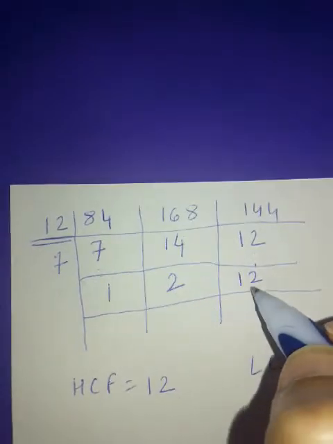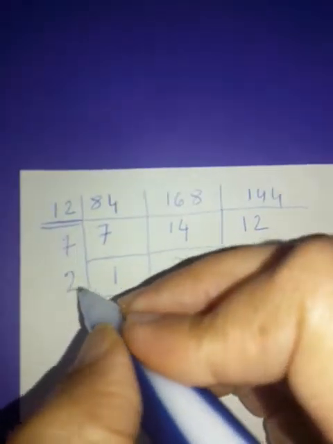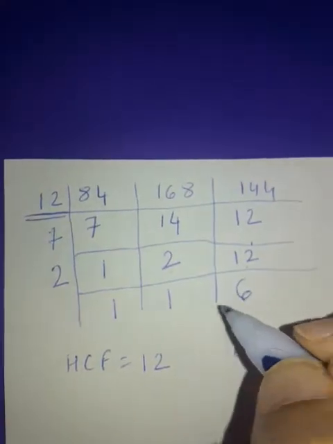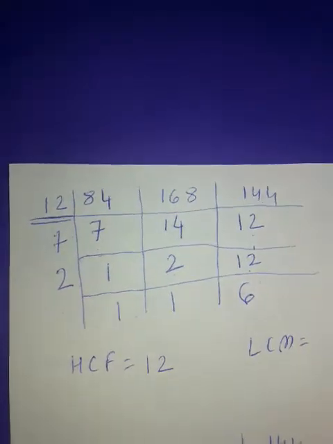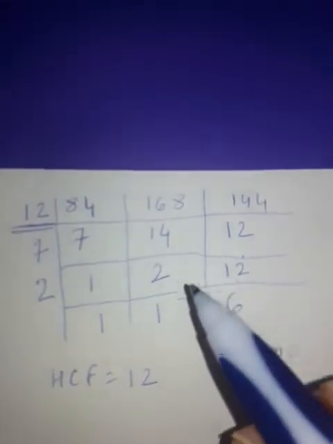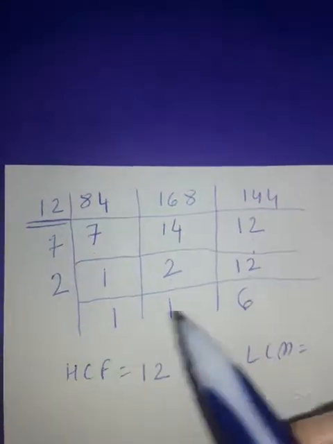Now between 2 and 12, again 2 is a common factor. Now this becomes 1, this becomes 1 and this becomes 6. Between 1, 1, 6, there is no common factor. 1 is a factor of every number. So that means there is now no common factor.